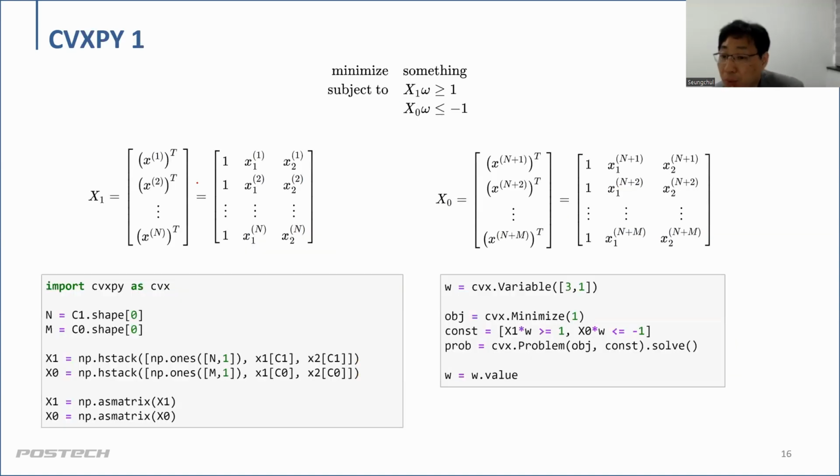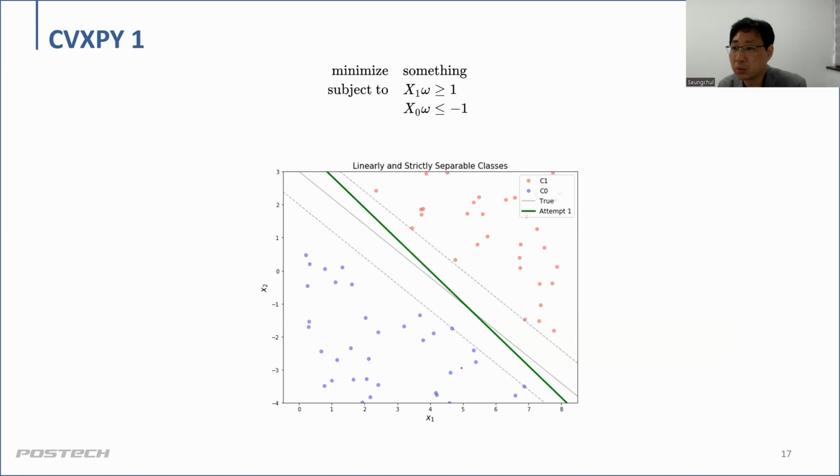The good thing is that we do have CVXPY. Normally we minimize something, but here we don't have anything, so I say minimize 1, because that doesn't do anything. But we do have constraints like this, and we ask it to solve. I want to see what kind of values of omegas we get. And this is what we got out of CVXPY, which is good, right?